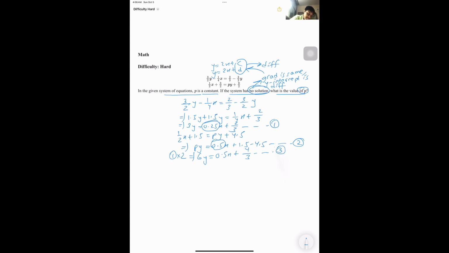Now matching coefficients, py is equivalent to 6y, or p is equal to 6. Here the y-intercepts will be different, as we have just shown. So p is equal to 6.